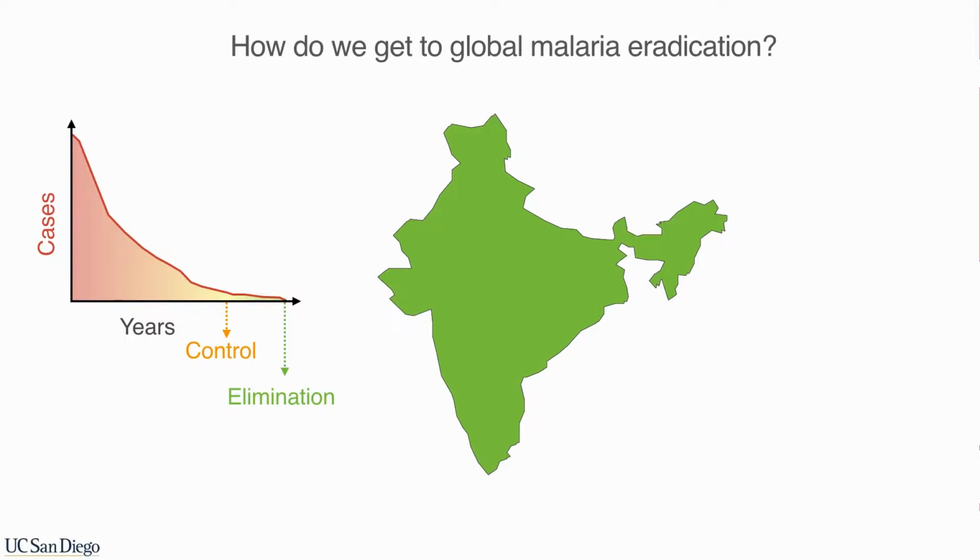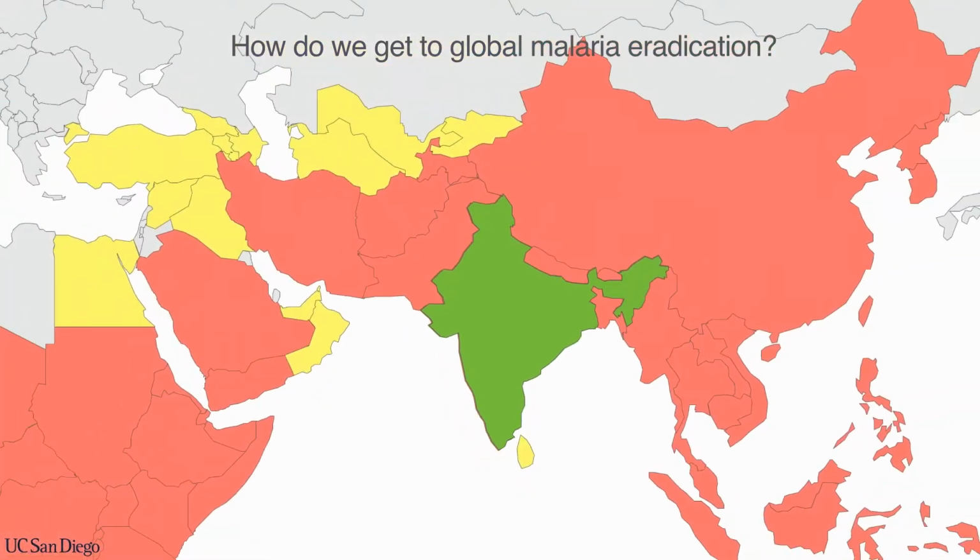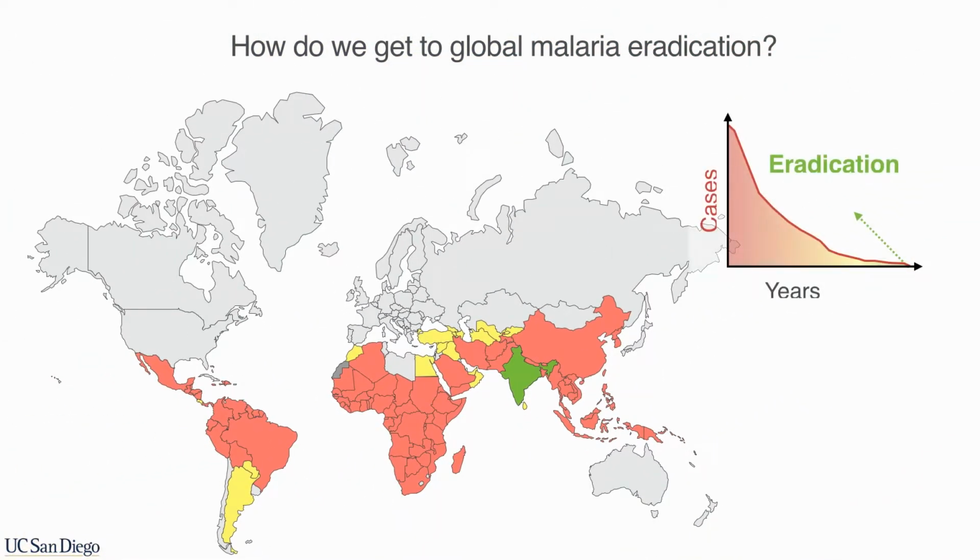And so the next step, of course, is to lead it to eradication. And what eradication means is you eliminate it, not just in one place, but everywhere. And that is a very, very difficult step to accomplish.